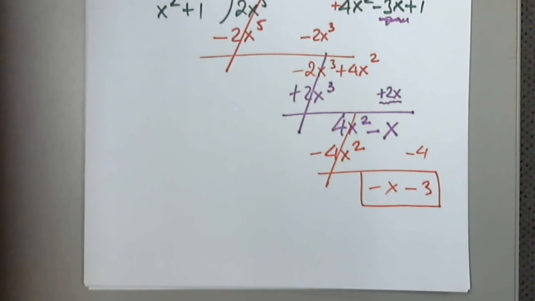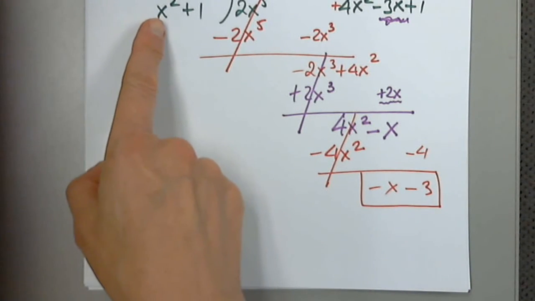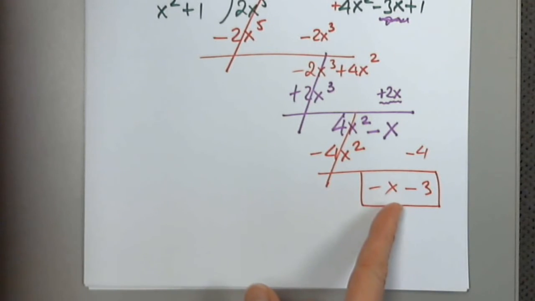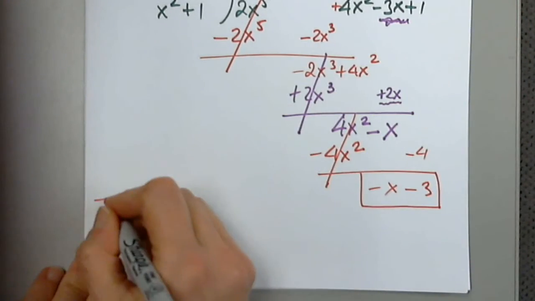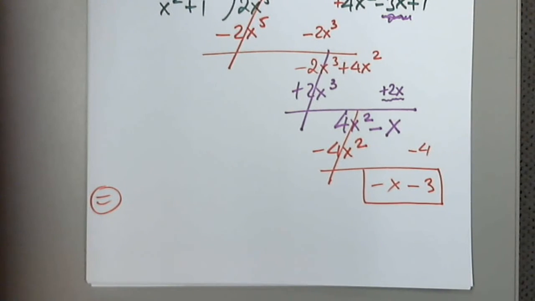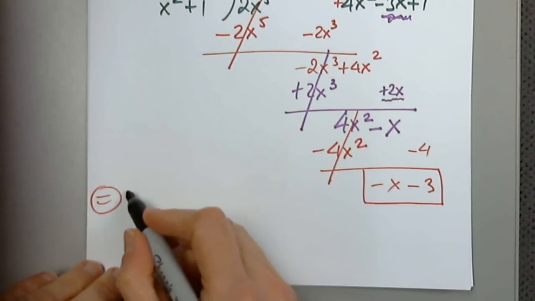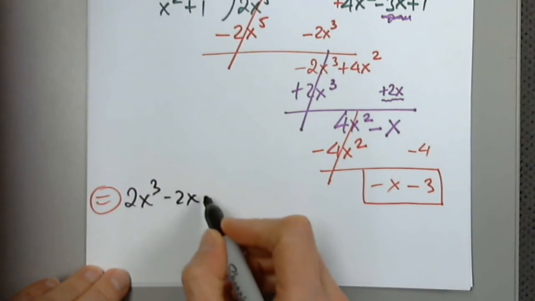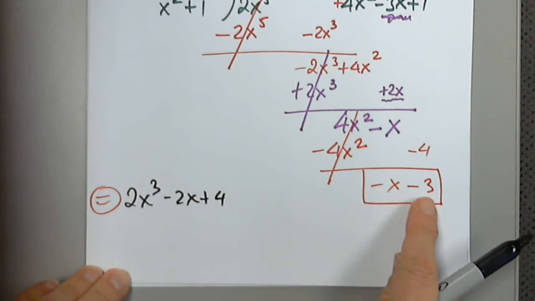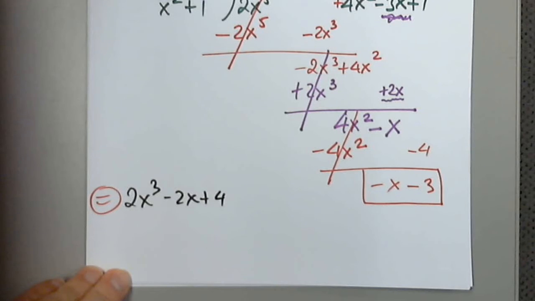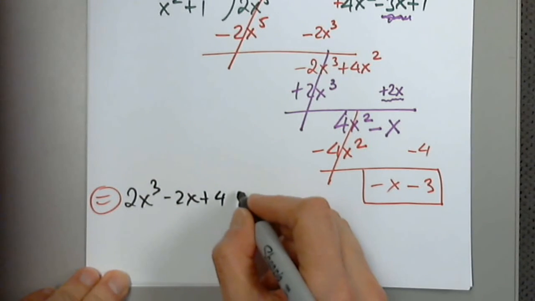I cannot continue because I can't answer the question x squared times what is negative x. So then can anyone other than Tom please give us the final answer? 2x cubed, minus 2x, plus 4. Since they're both negative, you can put minus, but if it's confusing, let's write it like this.